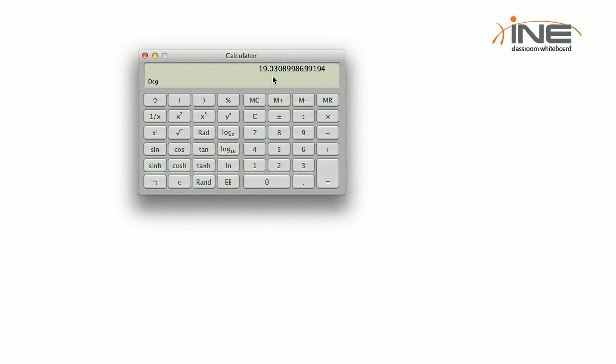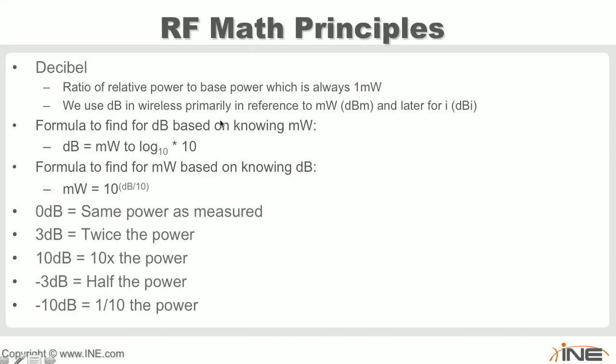If I have 100 milliwatts, log 10 times 10, I have 20 decibels. So when I increase 10 decibels to 20 decibels, I actually got 10 times the power, 100 milliwatts versus 10 milliwatts. Let's go back to our slide and take a look at the opposite.